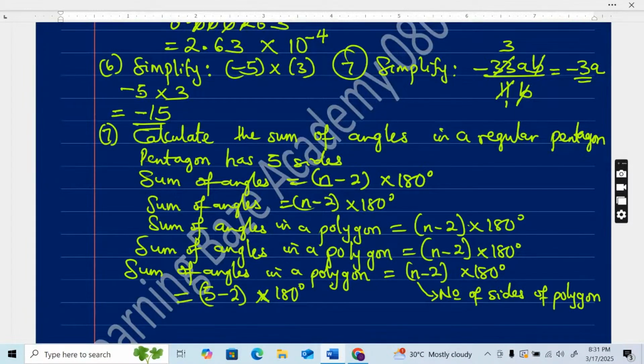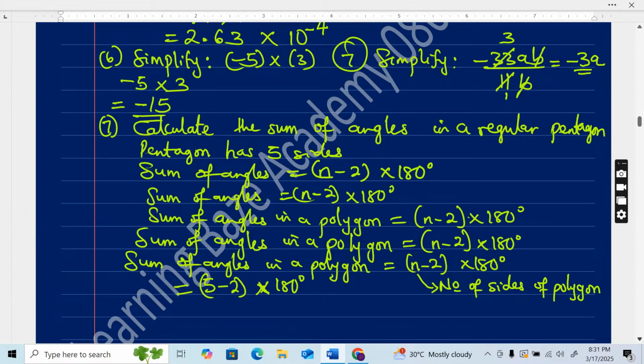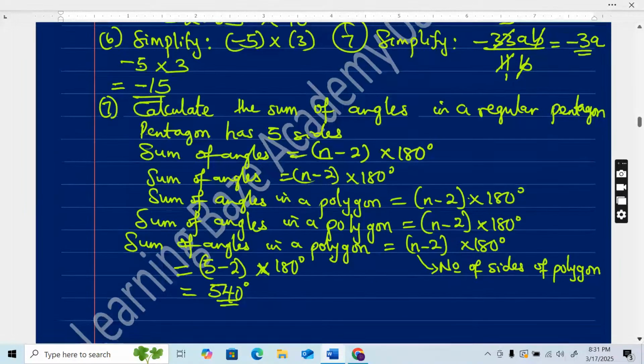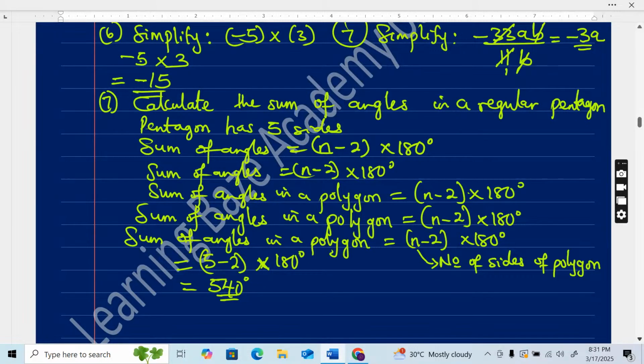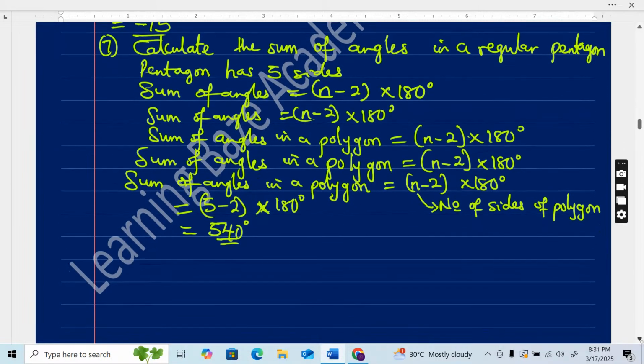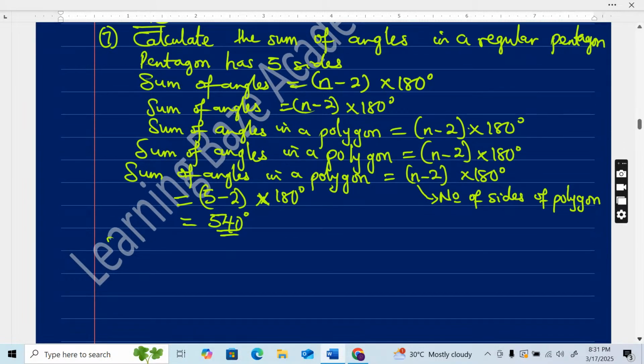So 5 minus 2 times 180 degrees. 5 minus 2 is 3, and 3 times 180 degrees is equal to 540 degrees. So the sum of angles in a regular pentagon is equal to 540 degrees. So go ahead, write what you can see on my screen.